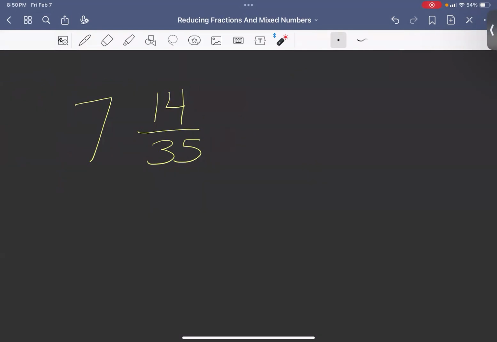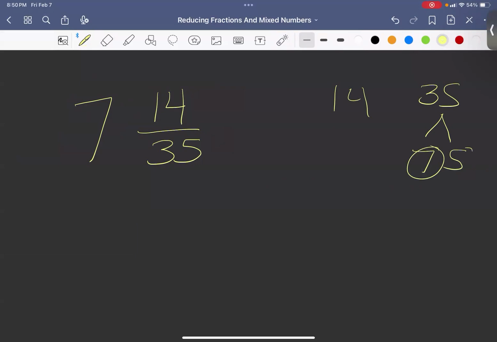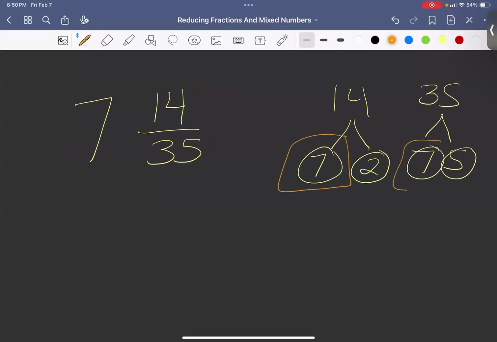Yeah. So 14, 35. The factors of 35 are 7 and 5. They're both prime numbers, so circle them. Factors of 14, besides 14 and 1, are 7 and 2. The common factor they have is 7.